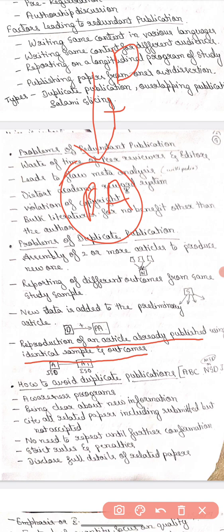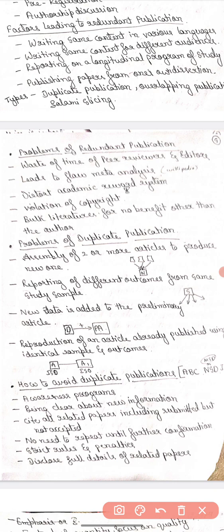They have reproduced an article already published, using an identical sample and outcomes, changed with simple minor variations. Some modifications they have done and reproduced that one. So these are the types of duplicate publications.